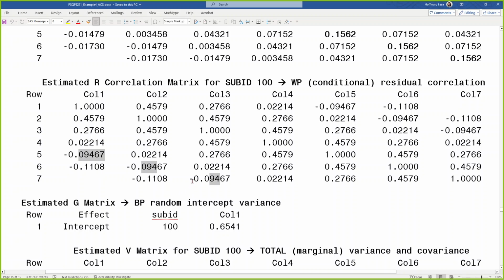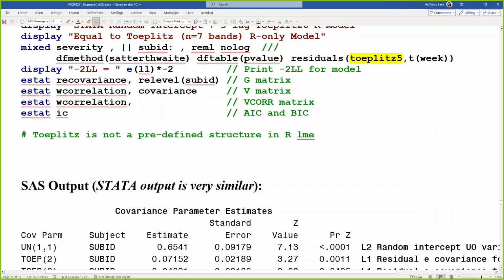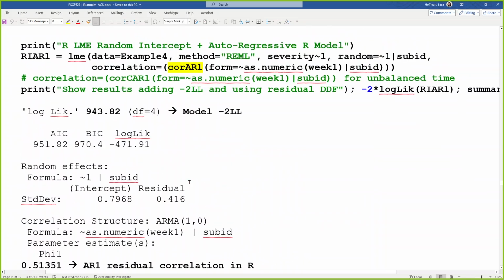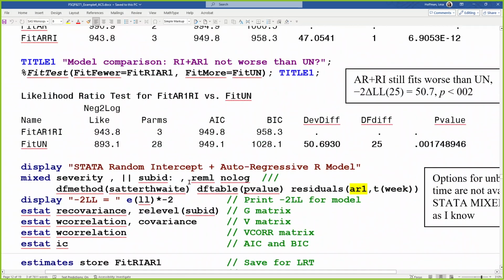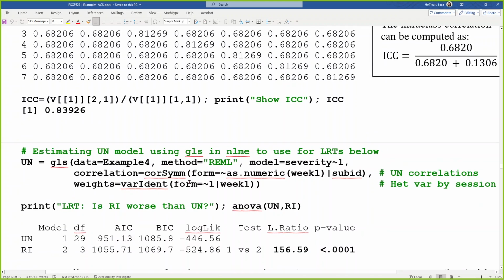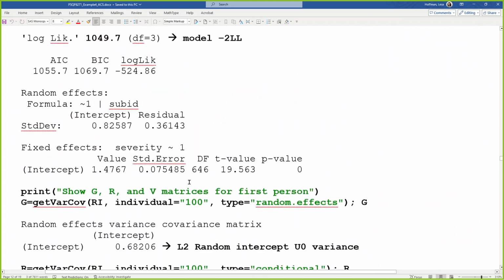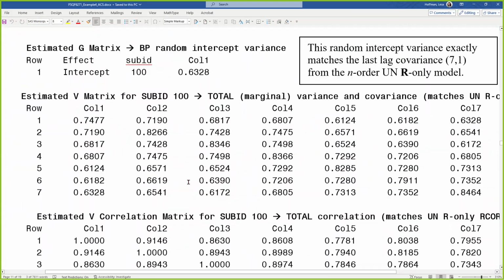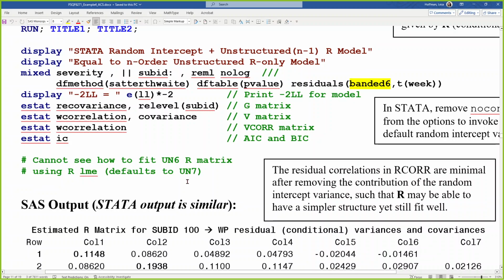I would say it's just sampling fluctuation around 0. The data that it's trying to approximate are in, let me go back up here, the unstructured model. One more model. There it is.